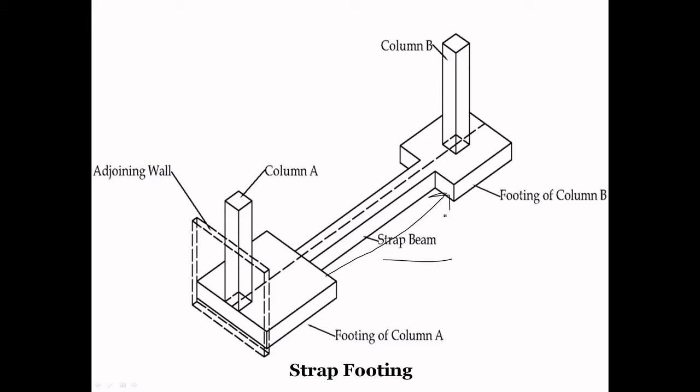In strap footing, the strap beam only connects the two columns, does not remain in contact with the soil, and does not carry any load or transfer any pressure to the soil. The main function of this strap is to transfer the load of the heavily loaded outer column to the inner one.